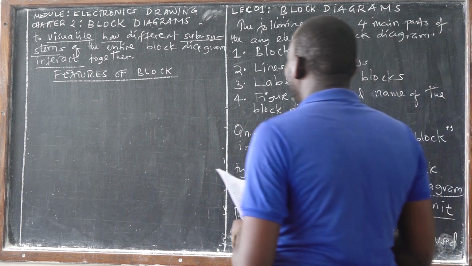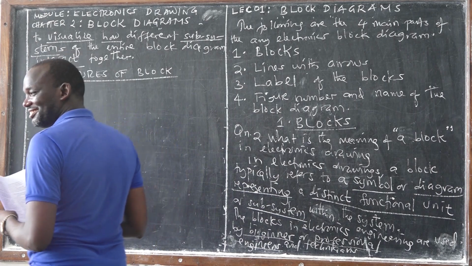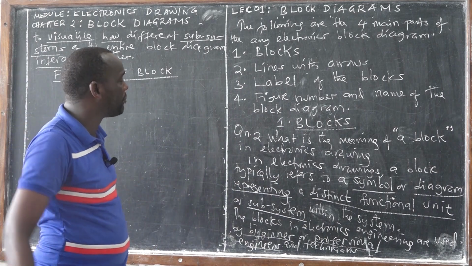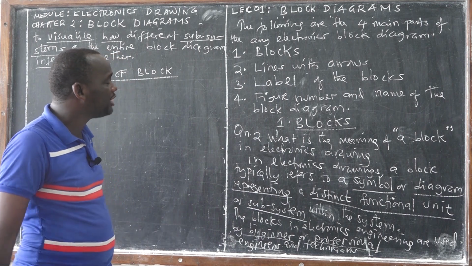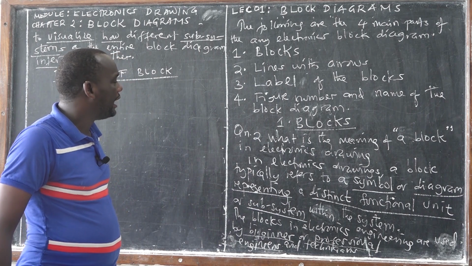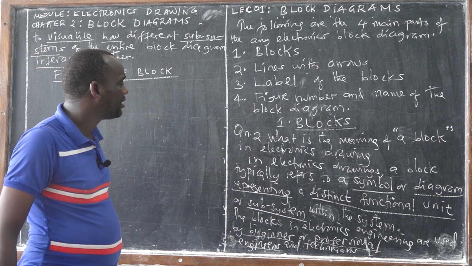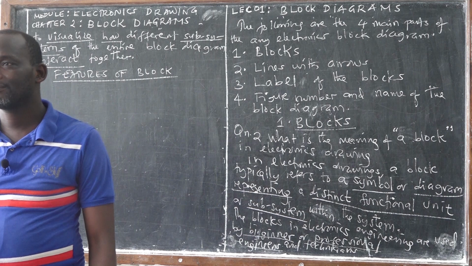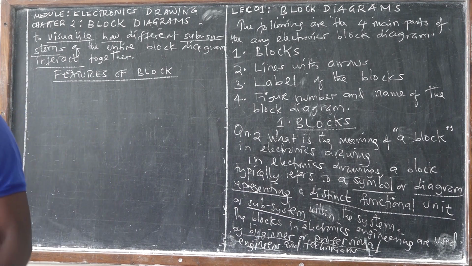Labels of the blocks. So loudly, powerfully, say blocks. Lines with arrows. Labels of the blocks, figure number and name of the block diagram. Can you check your neighbor? No blocks, no label.